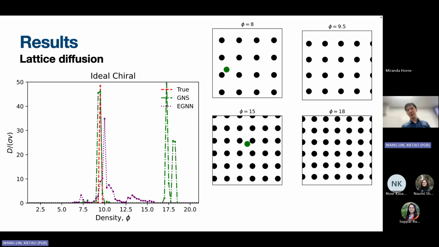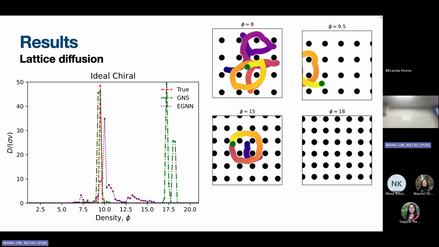So here, let's see. Okay. So in black here, I have some obstacles that are placed in a square lattice, and I vary the separation of the lattice.